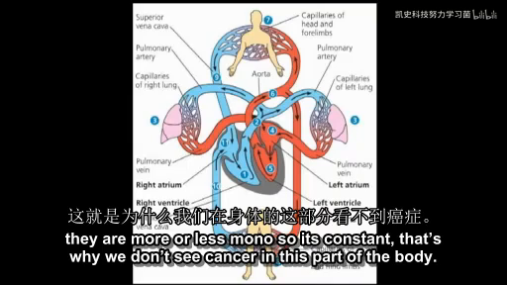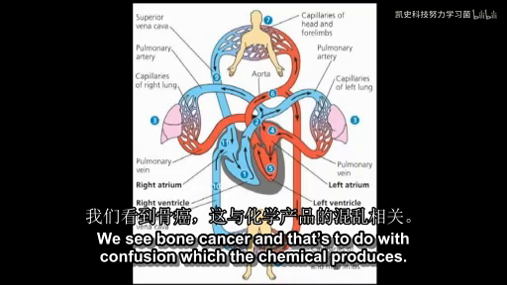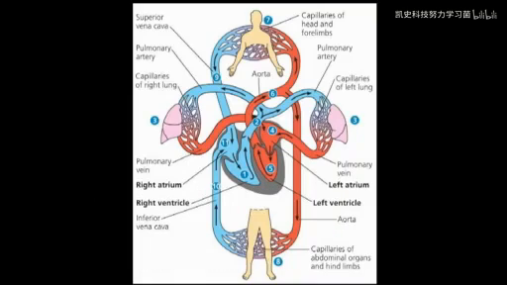We don't see cancers in this part of the body. We see bone cancer, and that has to do with the confusion which the chemical produces. They behave as one, and when they get to the bone, they open up and block the lymph system, the bone system, sorry.